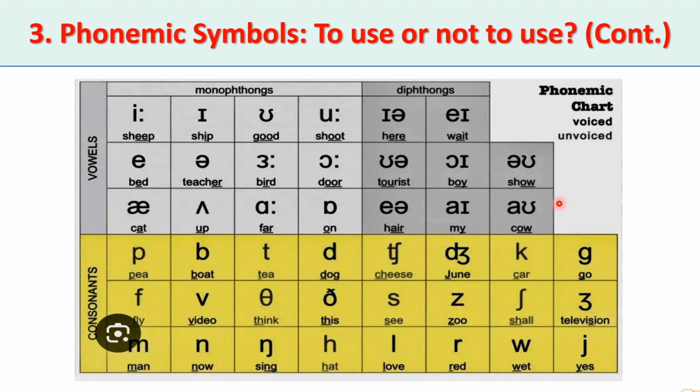And one more thing, the structure of IPA, the International Phonetic Alphabet, is shown in 3 structures. The first structure we focus on consonants, the second structure we focus on the vowel, and the last structure we focus on the diacritics.